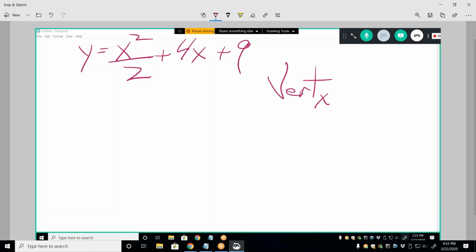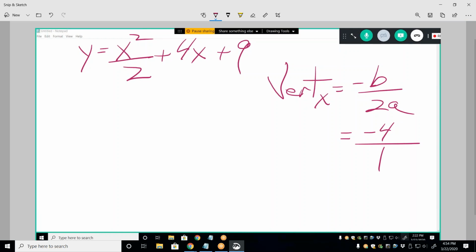How? Negative b over 2a. Okay. What's negative b? Negative 4. What's 2a? One. Good. So the x-coordinate of the vertex is minus 4.